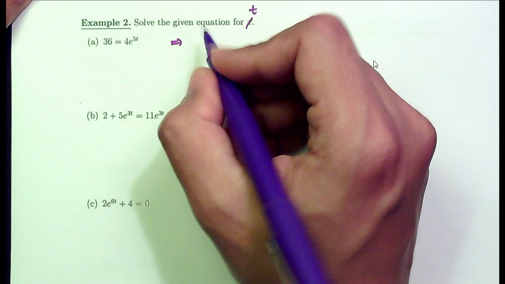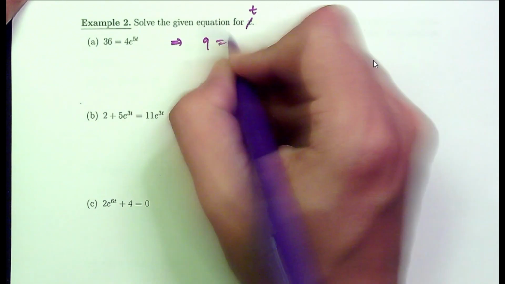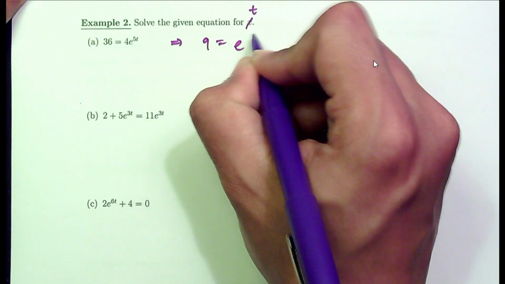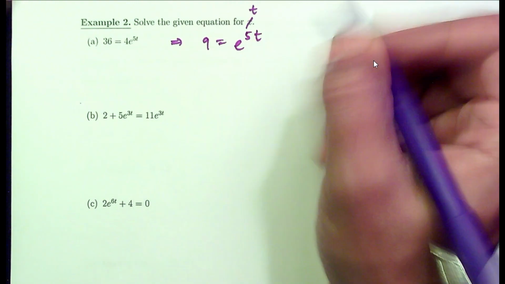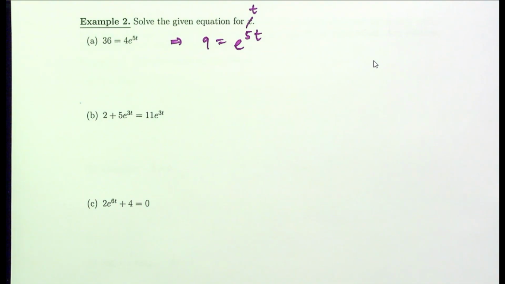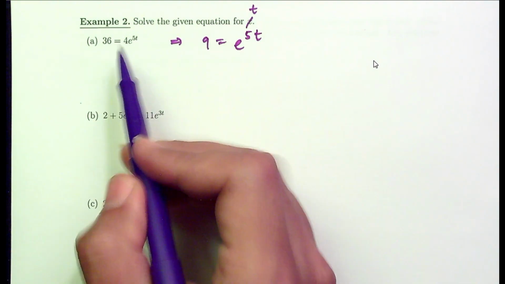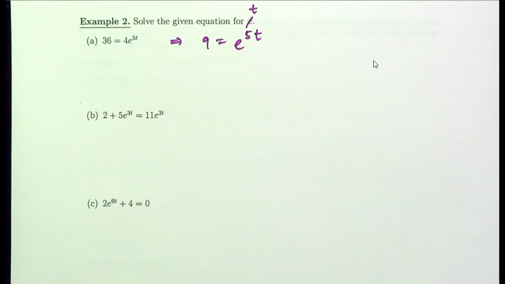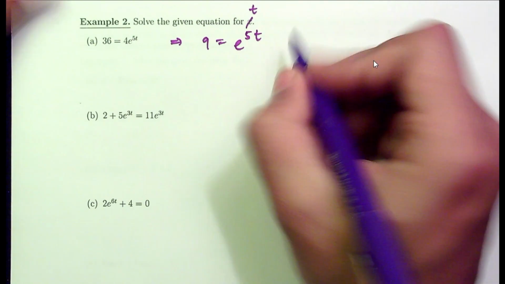If you divide the left-hand side by 4, you get 9. If you divide the right-hand side by 4, the 4 goes away and you get just e to the 5t. So the first thing you should do is divide both sides by 4, because I wanted the exponential all by itself. Once you have the exponential all by itself, then you can take ln on both sides.